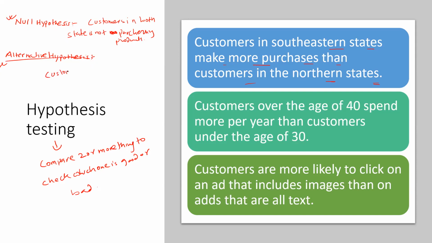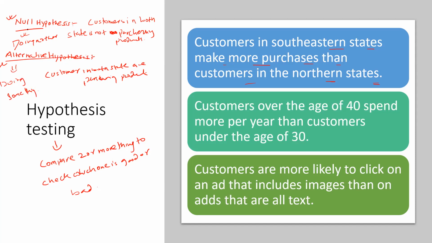Customers in both states are purchasing products. So this will be my alternative hypothesis. What null means is doing nothing. Alternative means doing something.